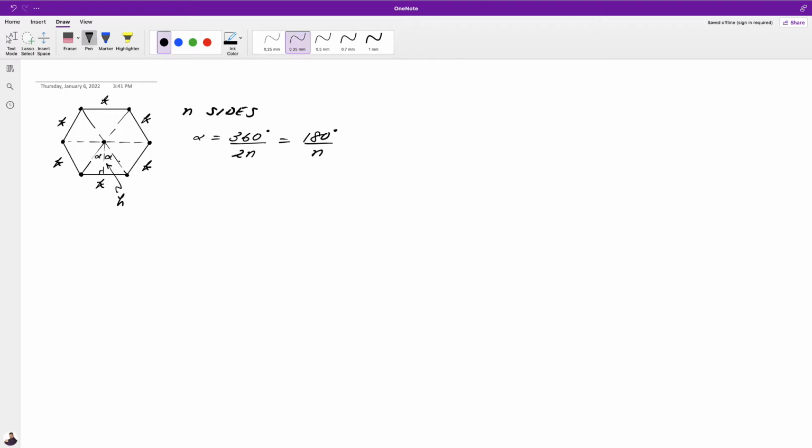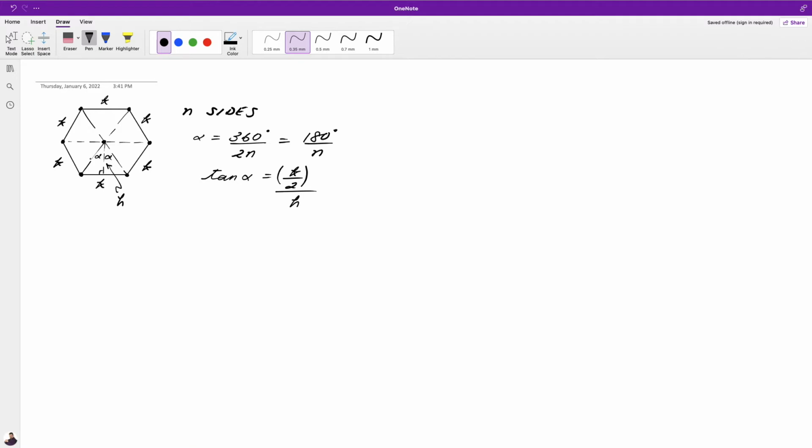Okay. Now, to find this h value, we would be tempted to use the tangent of alpha. So we could say the tangent of alpha is equal to k over 2 over h.